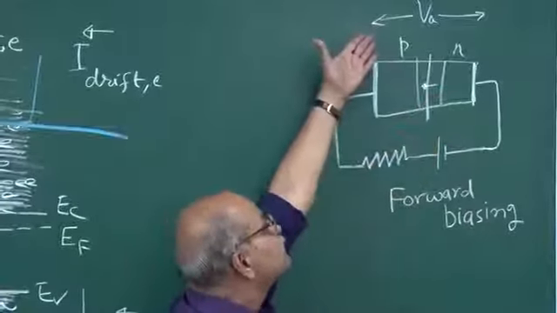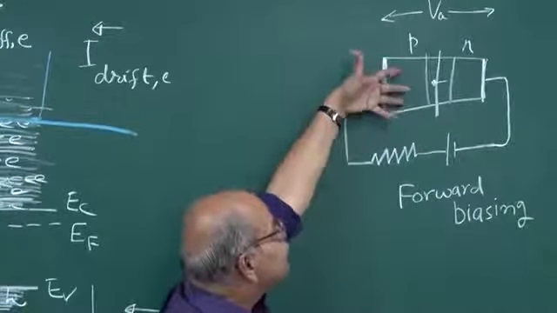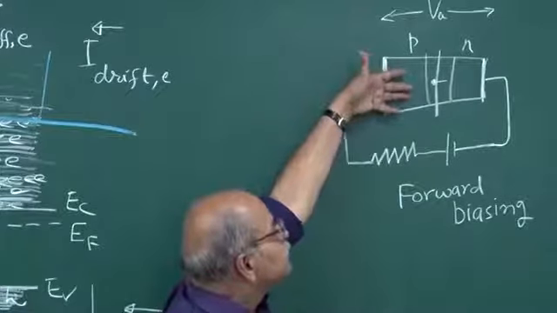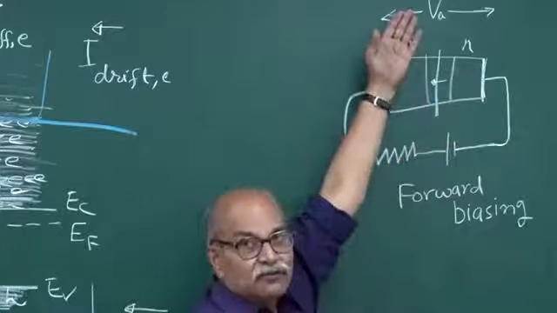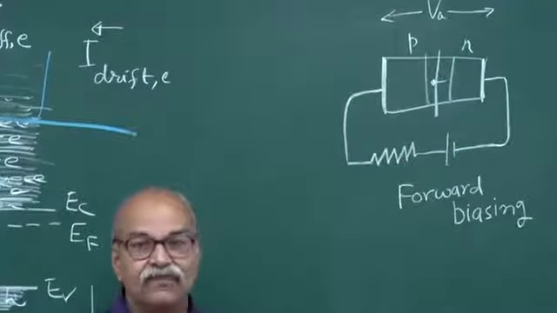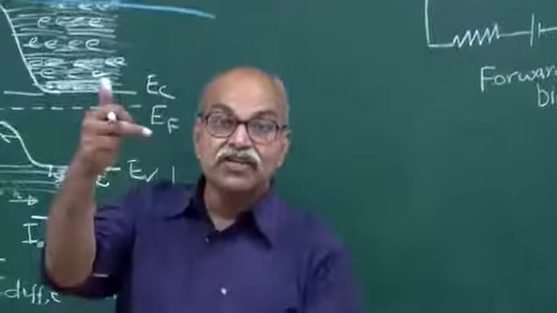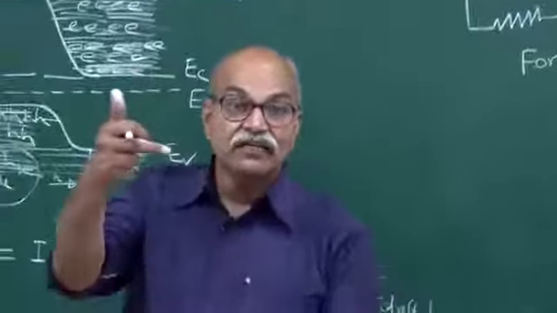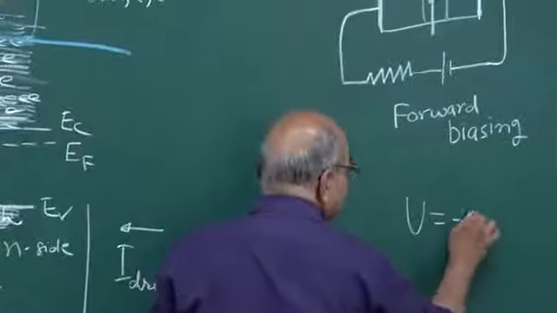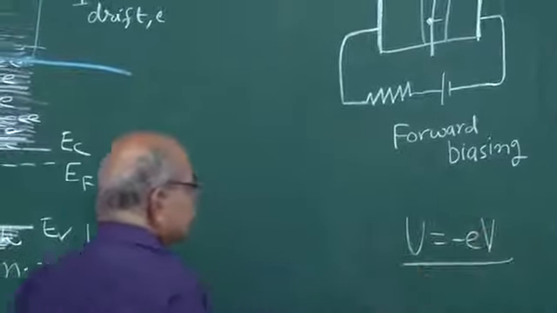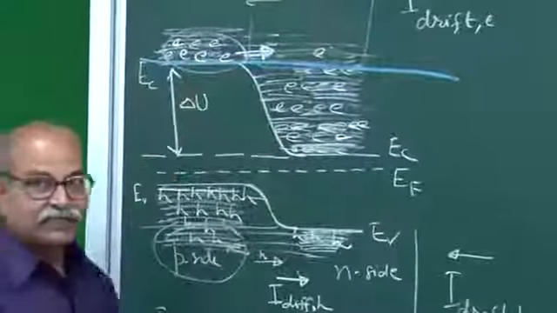On top of that, you are raising the potential of this P side as referred to this N side by this amount VA. And raising the potential means lowering the energy, because U is minus eV. We are talking of electrons, so these are all electron energies.